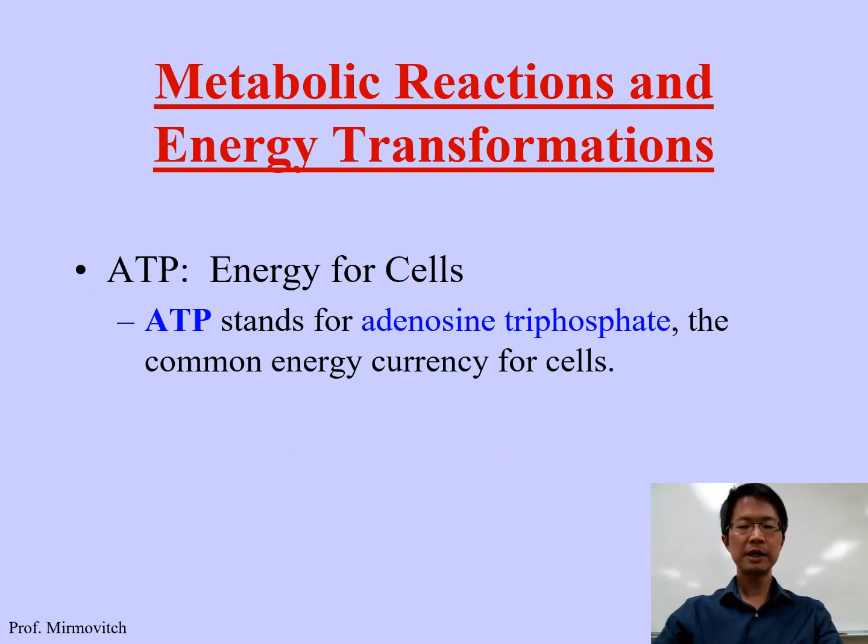Okay, what about ATP? ATP is the energy for cells. So in the next module, we will talk about photosynthesis and cellular respiration. And cellular respiration is the process that makes ATP. This is something that you need to memorize. ATP stands for adenosine triphosphate.